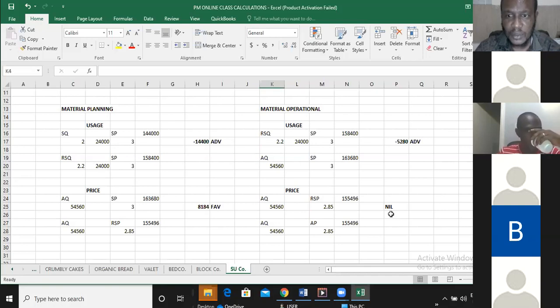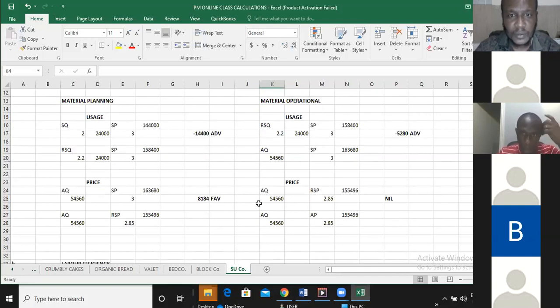But what if you say something for the usage now? Yes, apart from the learning curve effects, that is a new design, the staff went for training. What about the aspect of how many staff they stated and how much they are being paid?